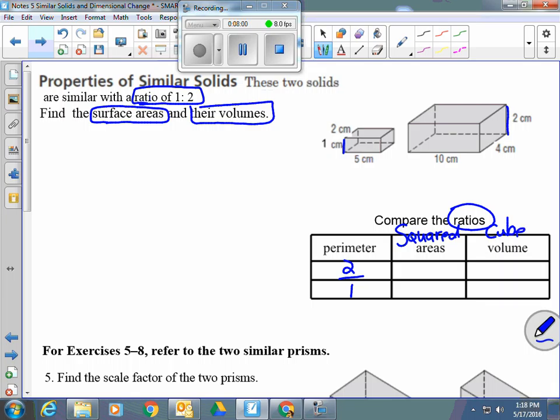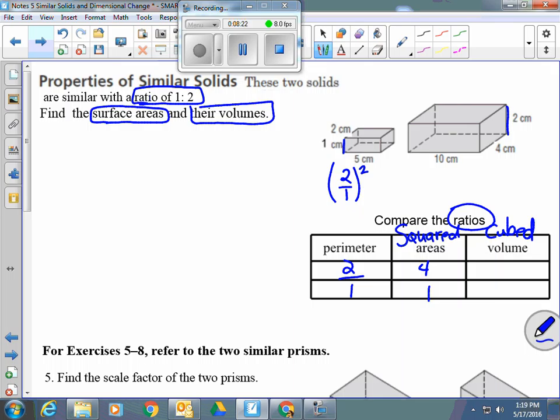The good news is, remember, just like before, if this is my perimeter, then how do I get to my area? Well, if my perimeter is 2 over 1, to get to my area, don't I square it? What's 2 times 2? What's 1 times 1? 1. So my new ratio would be 4 to 1, because my shape is going to get 4 times bigger. Remember I was talking about that before?